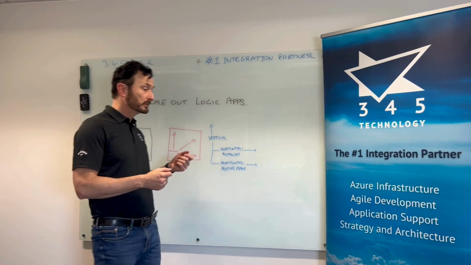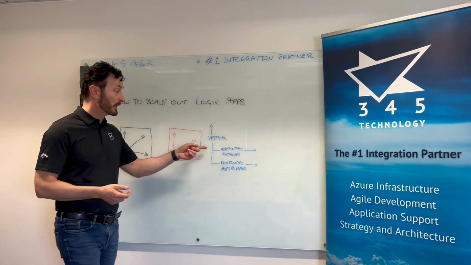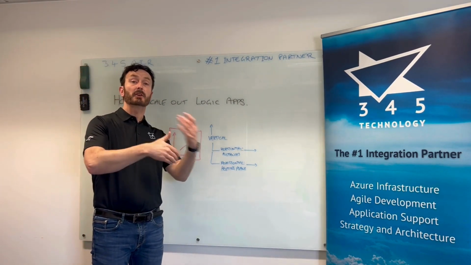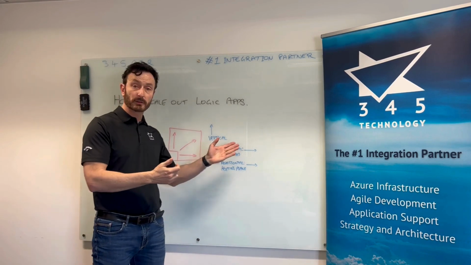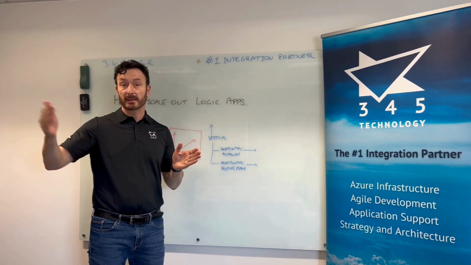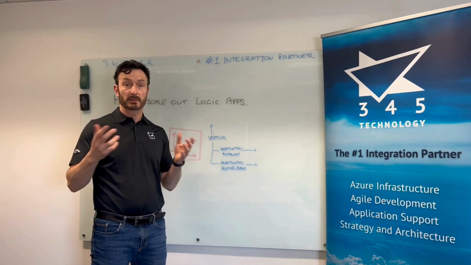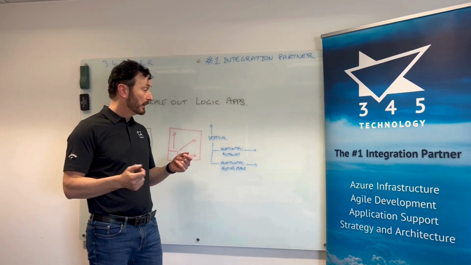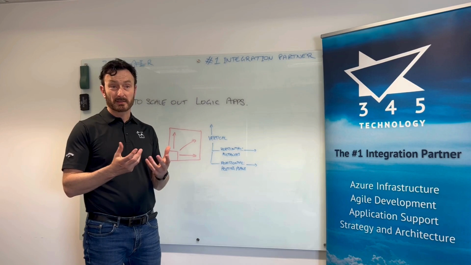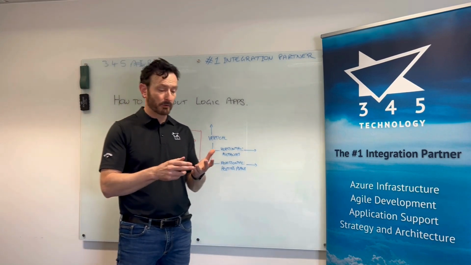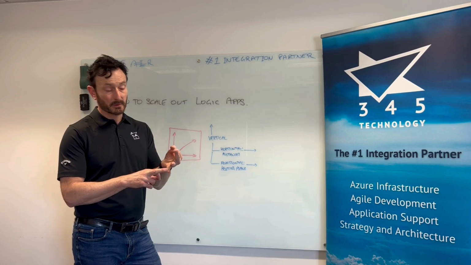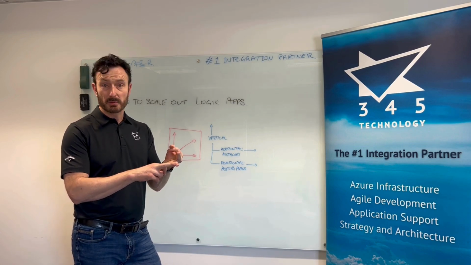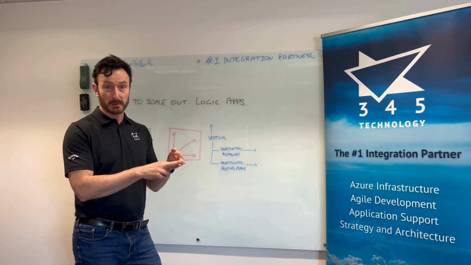So generally, scale comes in three forms. You've got vertical scale, as in, I'm going to put this on a more powerful computer. And then you've got horizontal scale, which is, how can I add more computers to share that work across? So vertical is quite simple really, that on a Logic Apps hosting plan, you've got 3 tiers: 1 CPU and 1 gig of RAM, 2 CPUs, 2 gig of RAM, 4 CPUs, 4 gig of RAM.